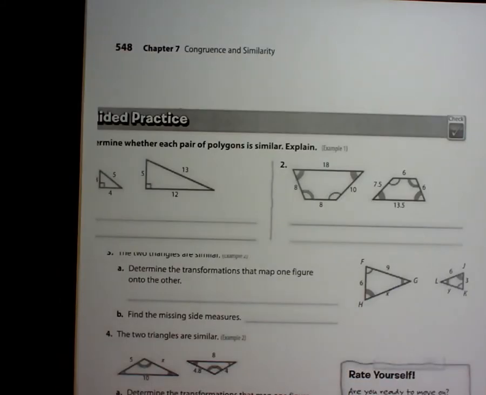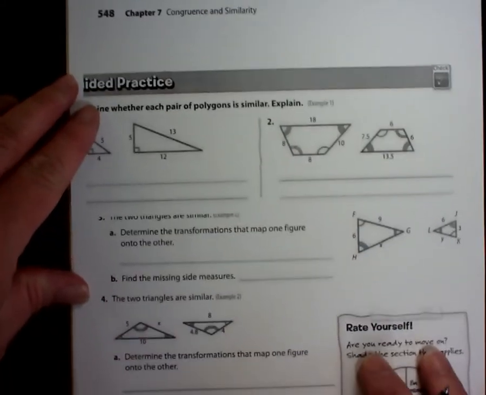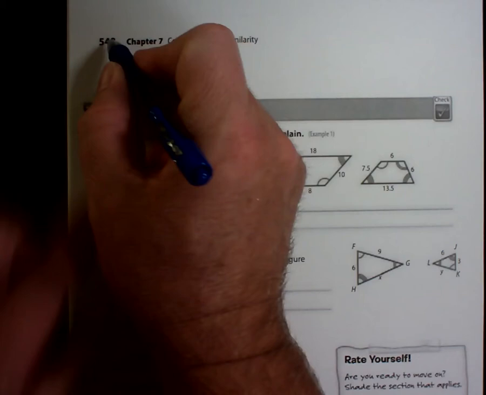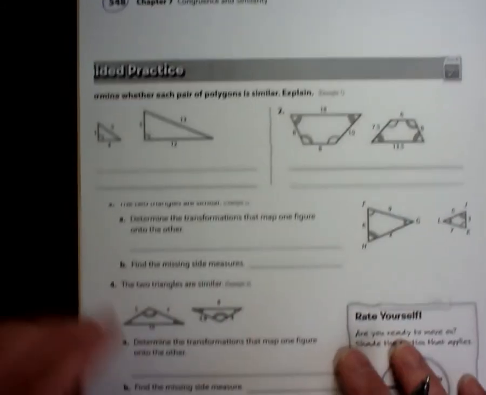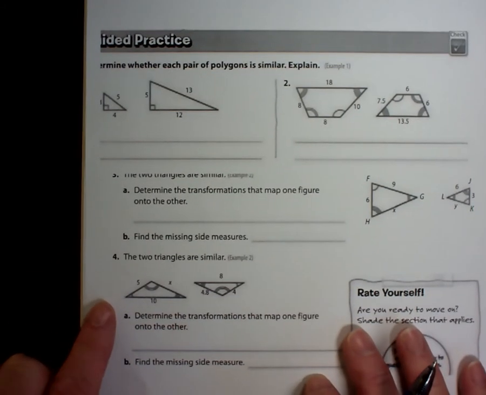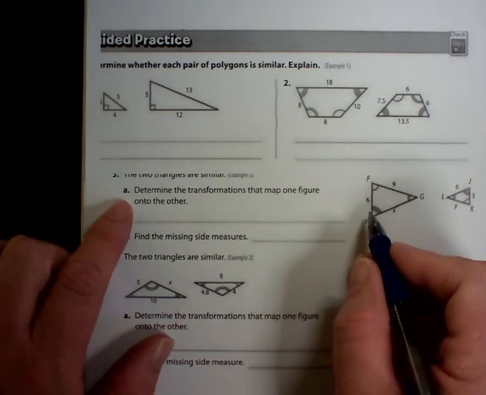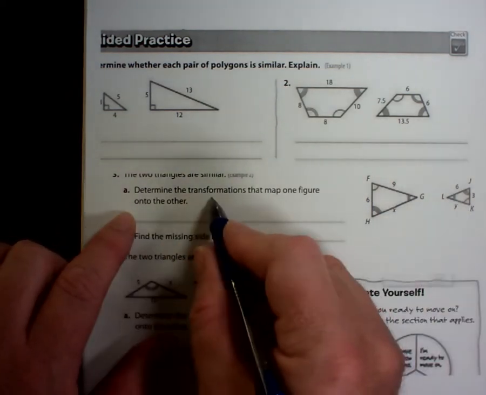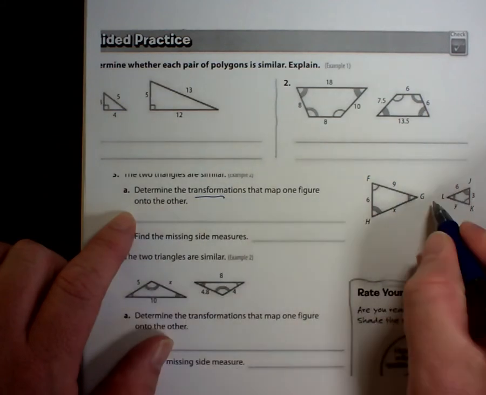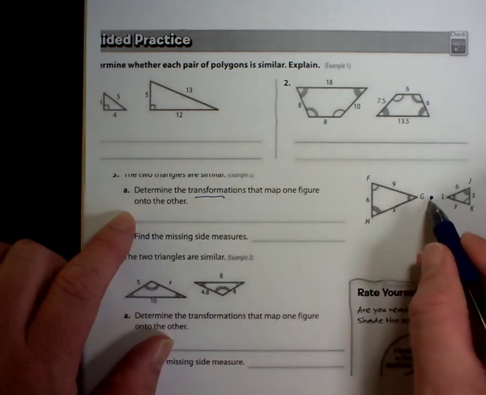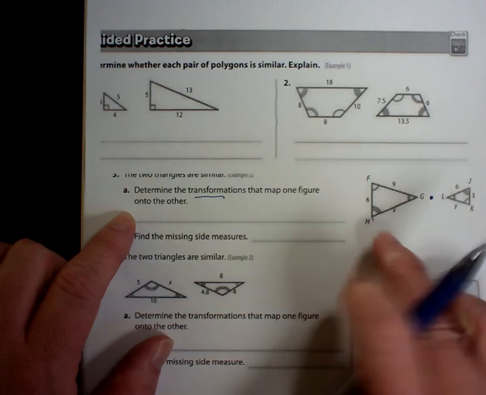All right, then the last of the homework was here, page 548. We did 3 and 4 already, so you should have that in your notes. We looked at this, and we talked about what transformation. We had to put a point out here. I think I did a fairly poor job though of saying that. See the triple mark?